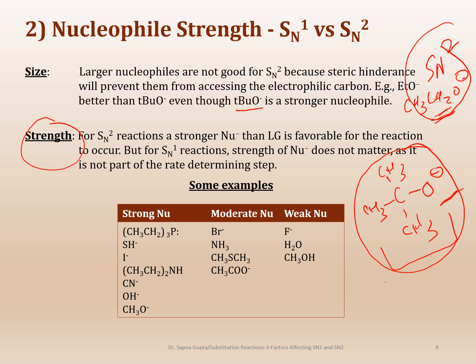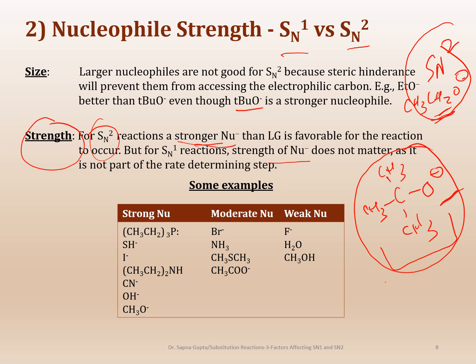Then the strength of the nucleophile for SN1 versus SN2. SN2 reactions need a strong nucleophile because it has to kick out the leaving group. SN1 doesn't even care about the nucleophile as much because remember, the rate determining step, or the first transition step, did not need the nucleophile at all, because all it was doing in the first step was getting rid of the leaving group, creating a carbocation.